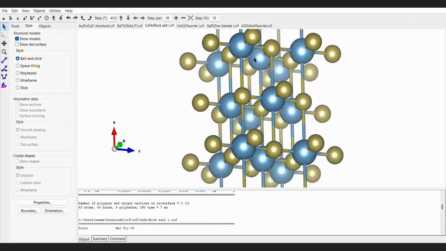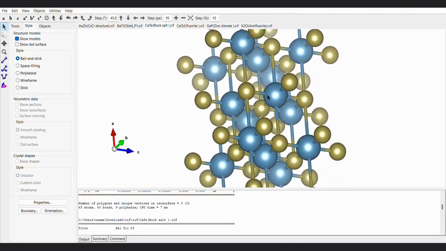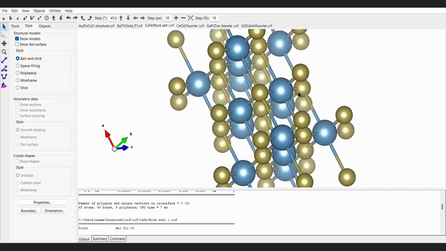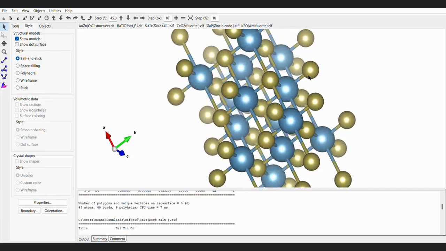What happened in NaCl is there was an Na atom which was surrounded by 6 chlorine atoms. The cubic arrangement was similar. Since this is a rock salt structure, it would exhibit high ionic character and a simple cubic symmetry.